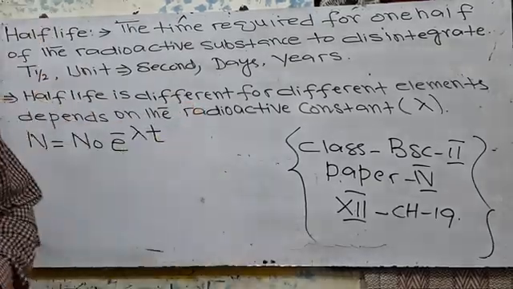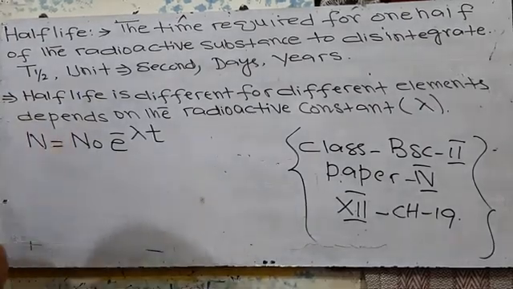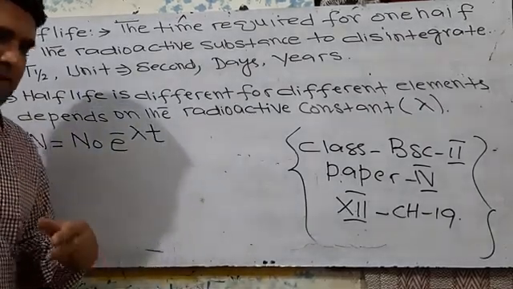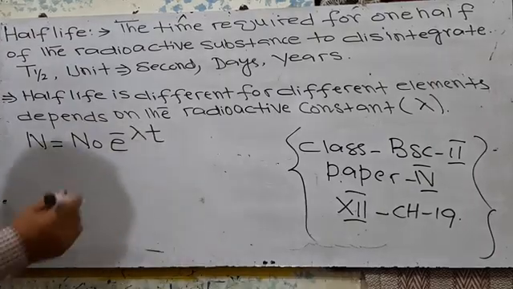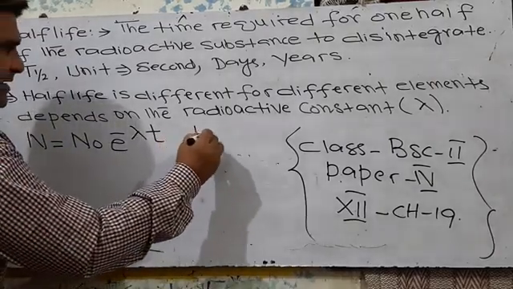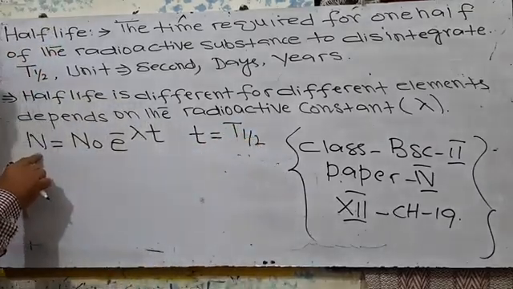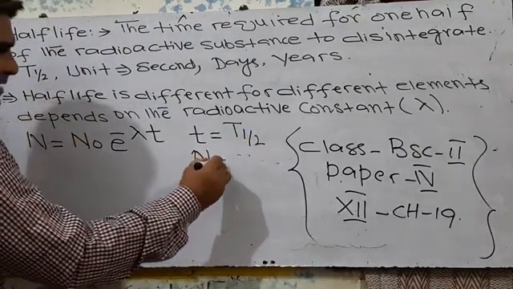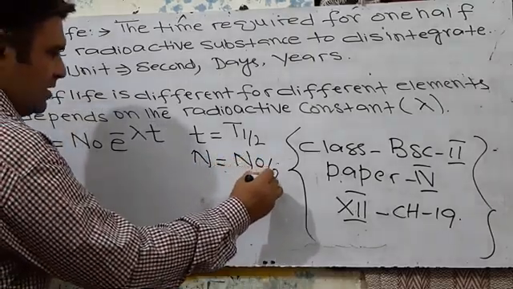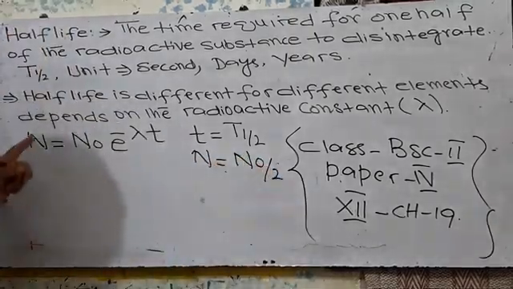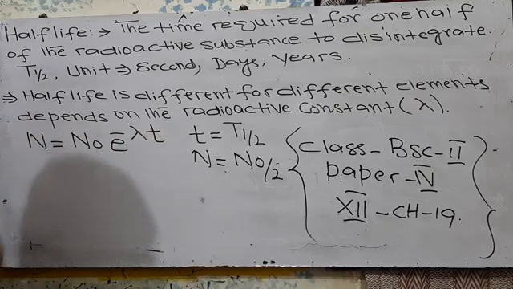So the time required to disintegrate these atoms from the glass is T is equal to T1/2, and the number of elements remaining is N is equal to N0/2. So put these values in this equation.